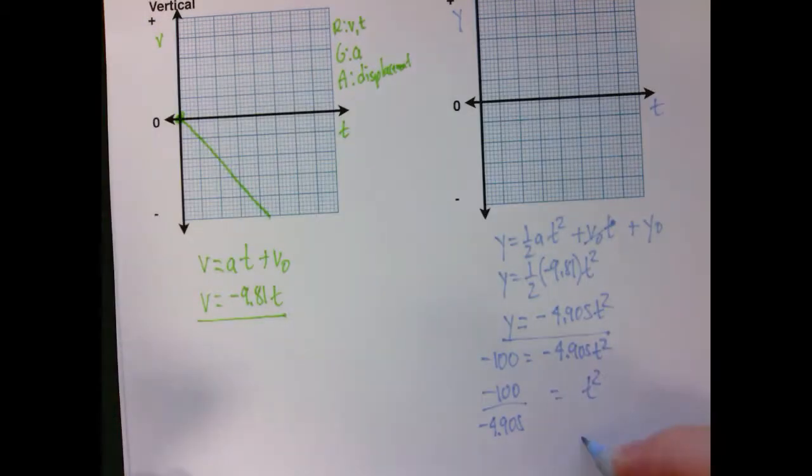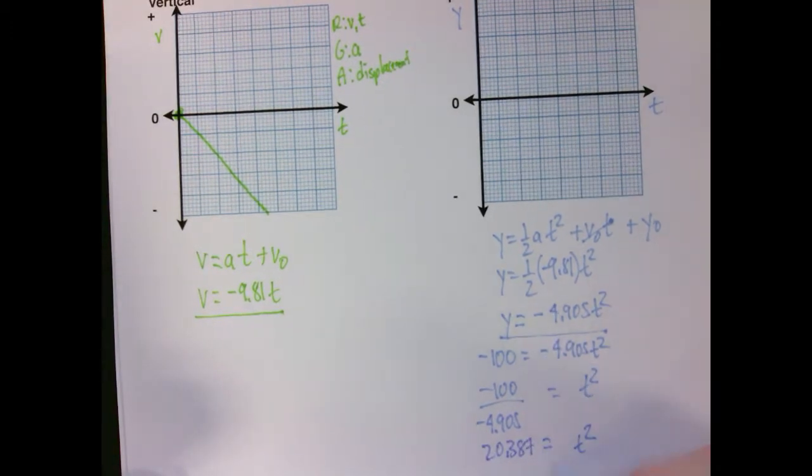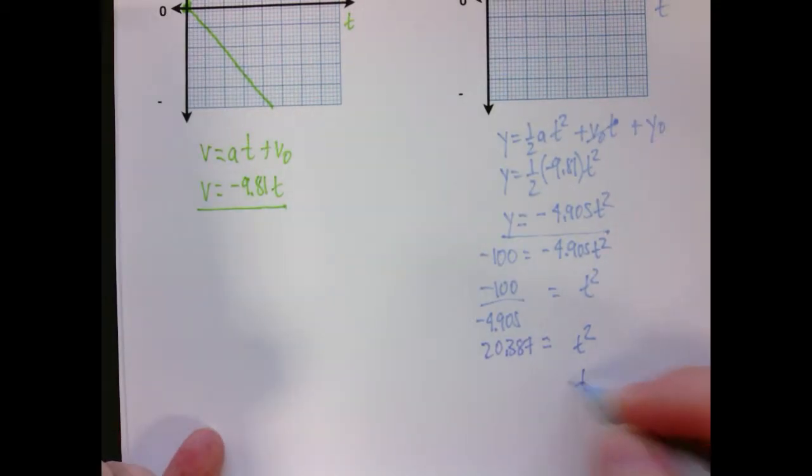Which gives us t squared equal to 20.387, and then t is equal to the square root of that.